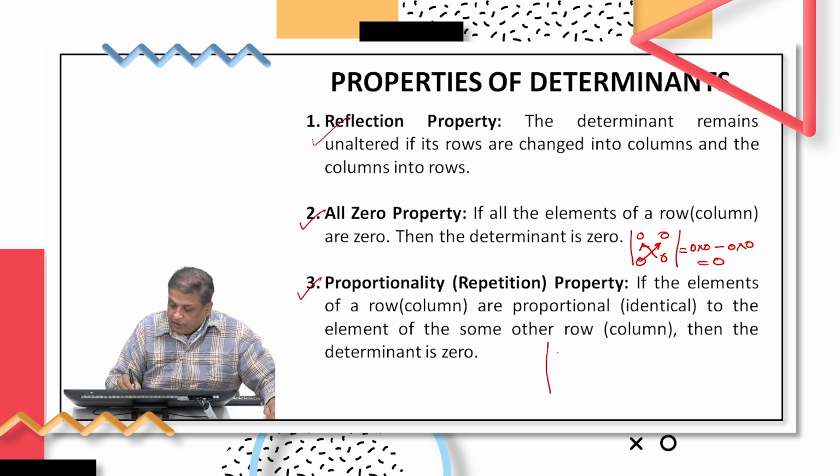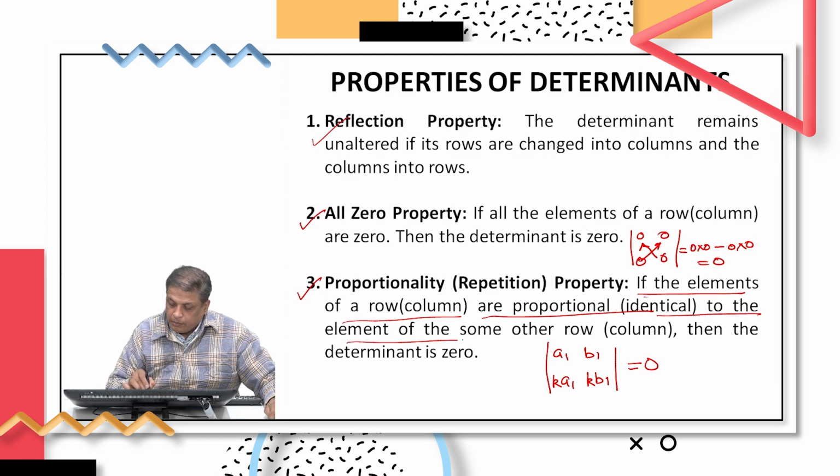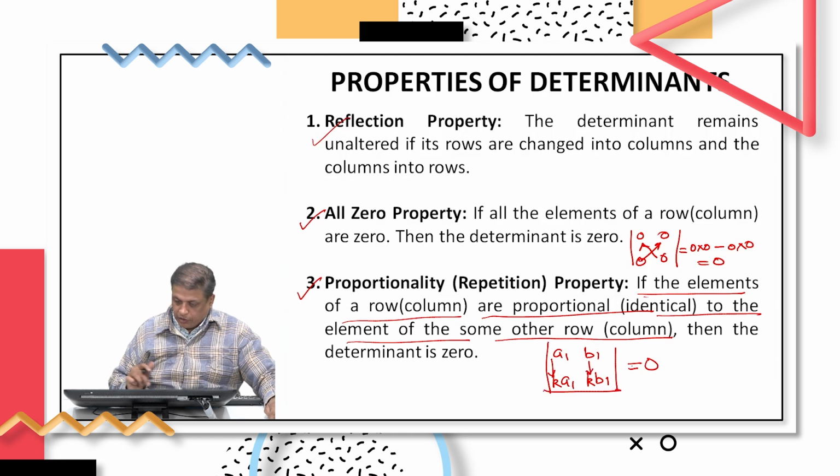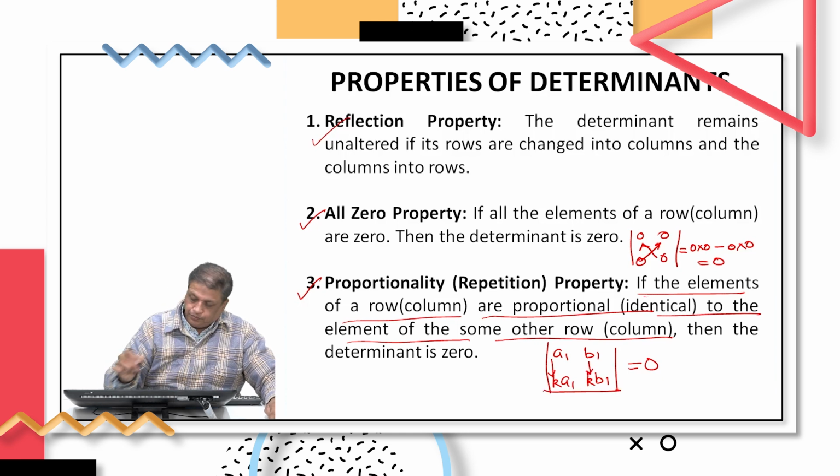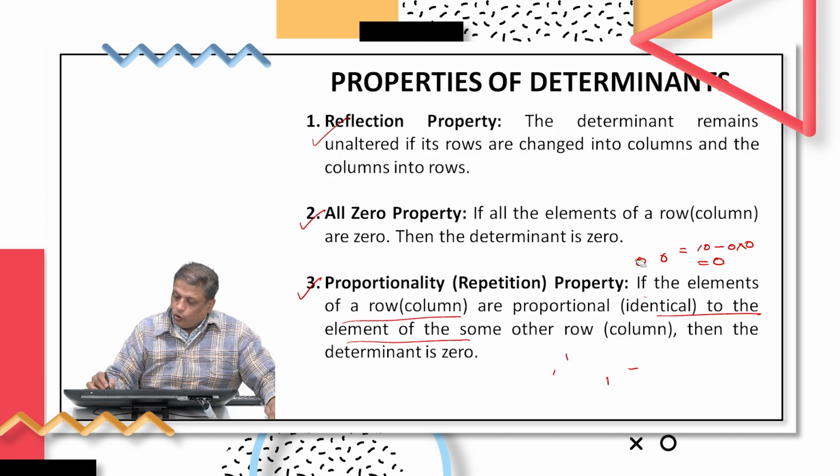If I have A1 and B1, and k times A1 and k times B1, then the determinant is 0, because this element is proportional to this element, so the result will be equal to 0. I hope you understand these three properties.